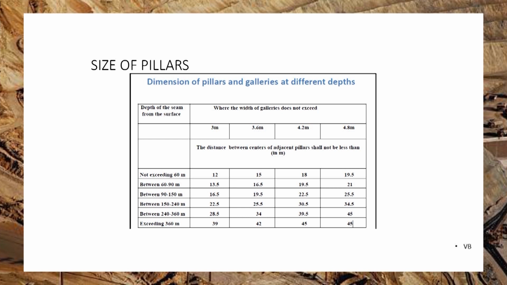You can see on the table, on the left hand side depth is indicated and on the right hand side the dimensions. For the depth between 60 to 90 meter and a gallery width of 3 meter, the pillar size center to center is 12.